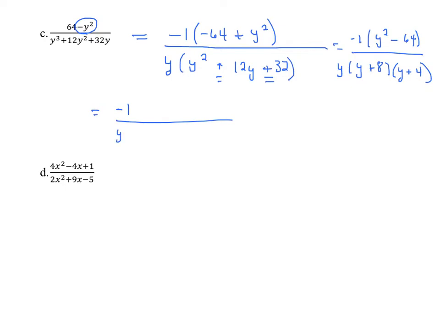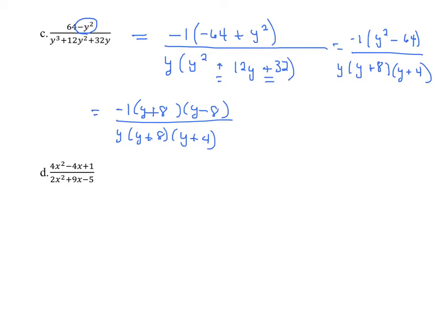We still need to break down that numerator a little bit further. I'm going to copy the denominator down really nice. And now when I factor the numerator, I'll get y plus 8 and y minus 8. Good? Because it's the difference between two squares, and I factor it as a sum and difference.